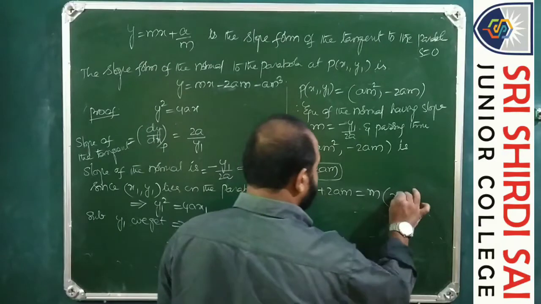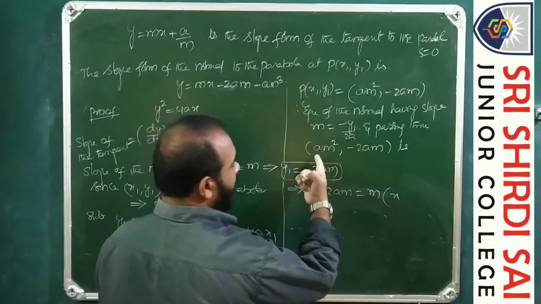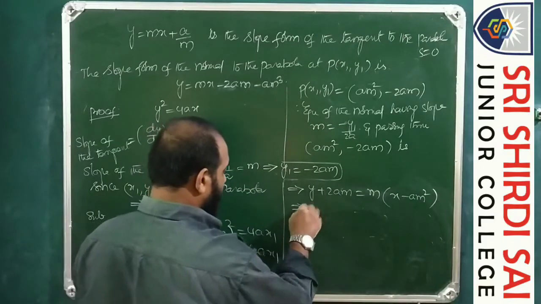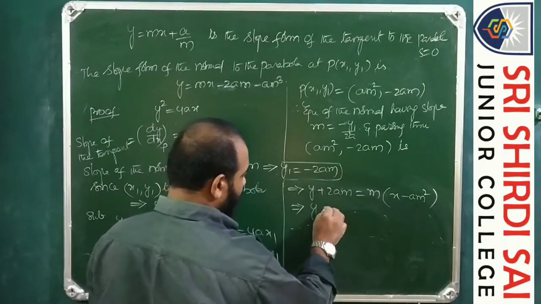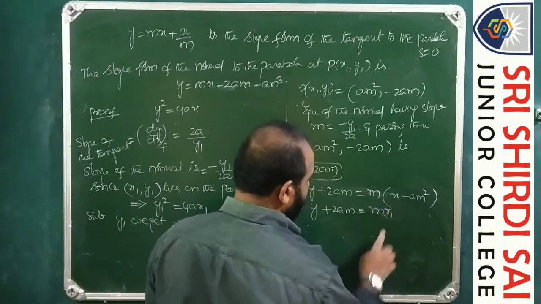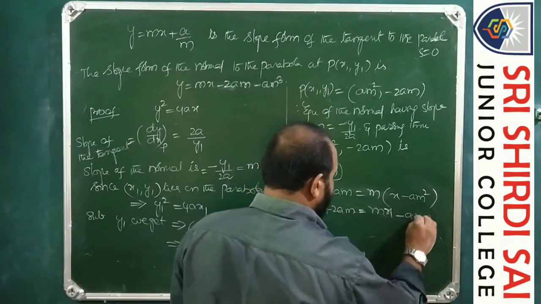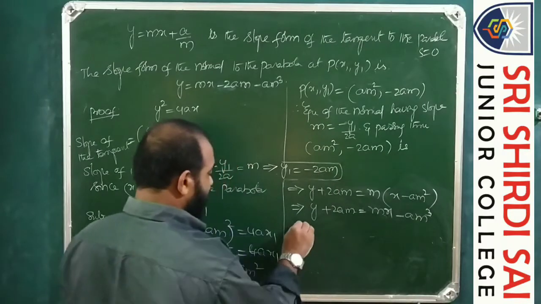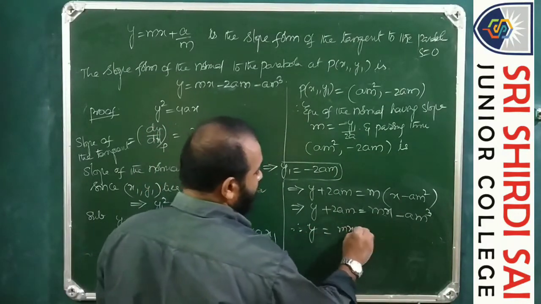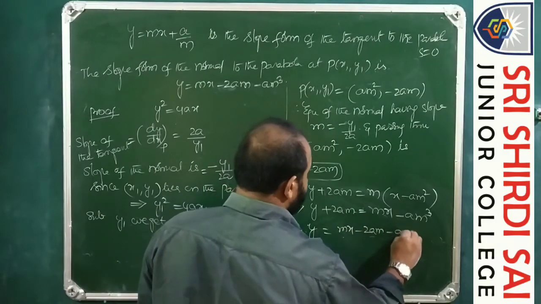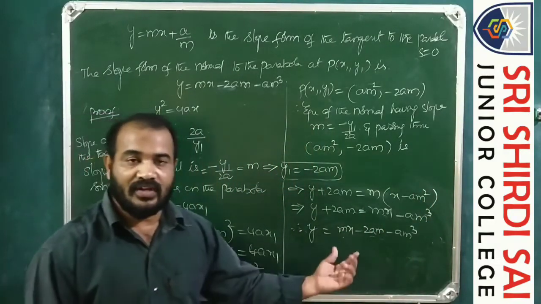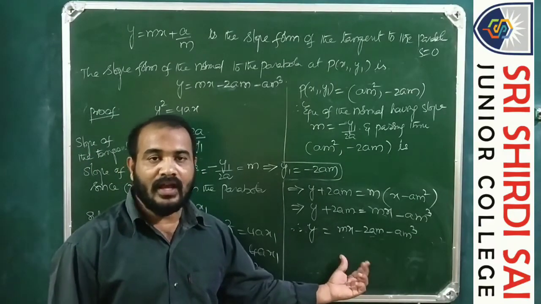Into x minus x1 is x minus am². So y plus 2am equals mx minus am³. Therefore y equals mx minus 2am minus am³ is the slope form of the normal in m.